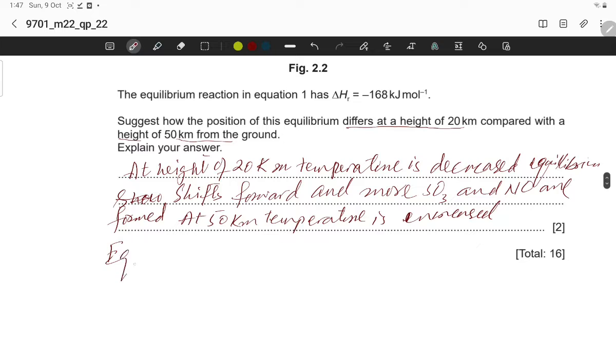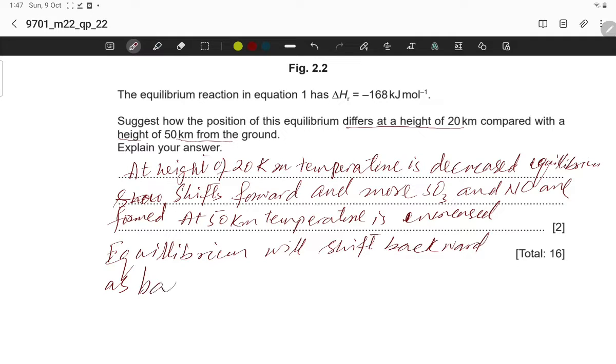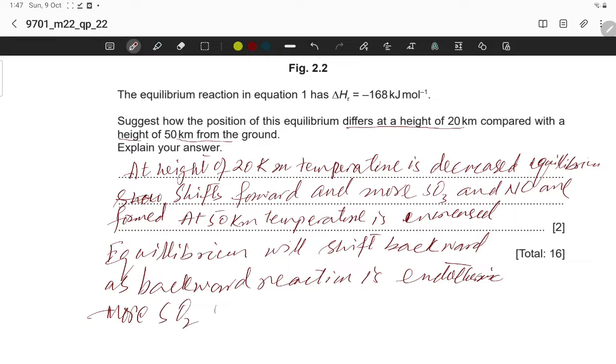Equilibrium will shift backward, as the backward reaction is endothermic, and more sulfur dioxide and nitrogen dioxide are produced.